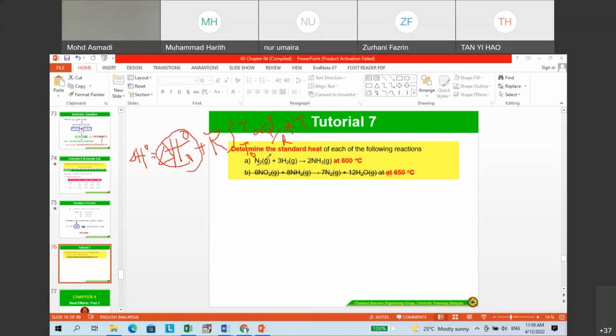Look here, this is the element. Just times with NH3, 2 times the NH3 delta H1. So what is the delta H naught for the ammonia?